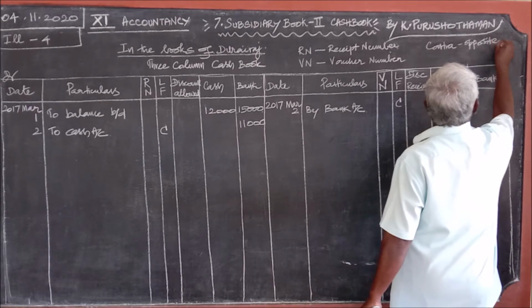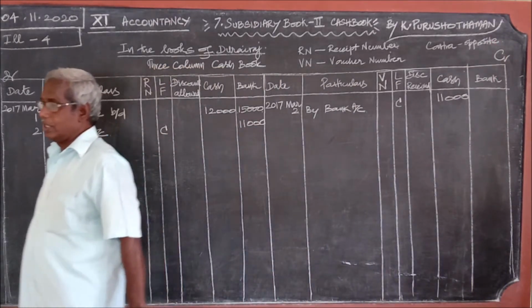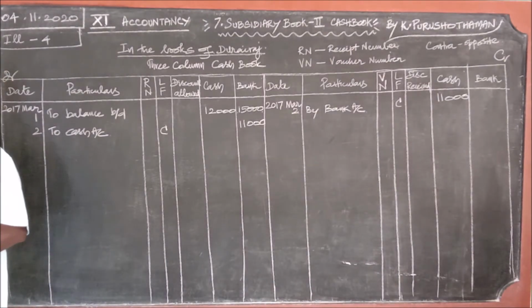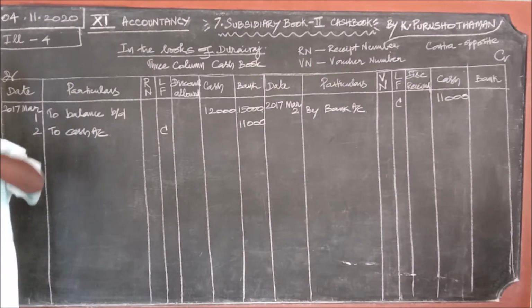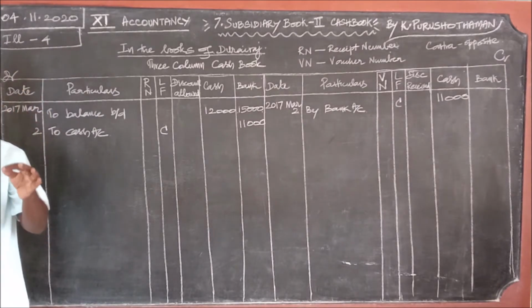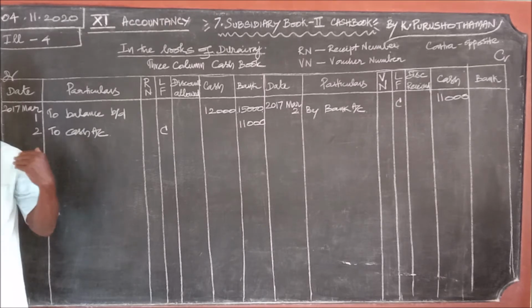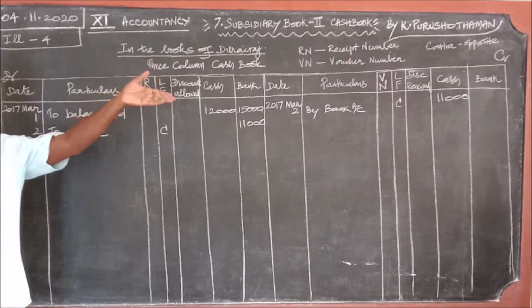What is a contra entry? This may be a theory question. What should be your answer? That is given in the book. You can go through it, but generally it is my explanation. For each and every transaction, we pass only one entry, either on the debit side or on the credit side.